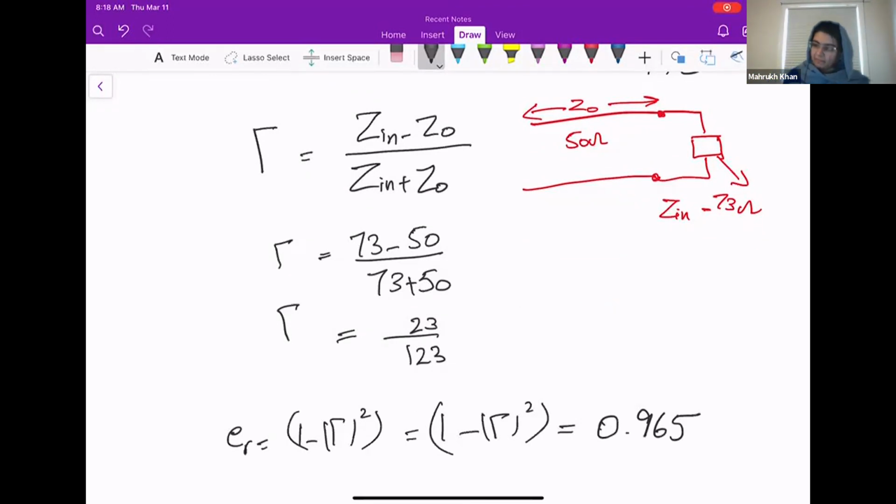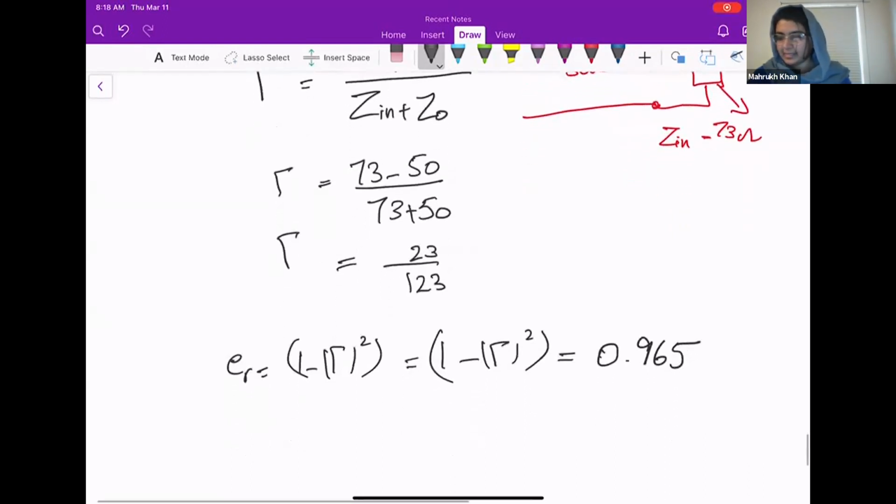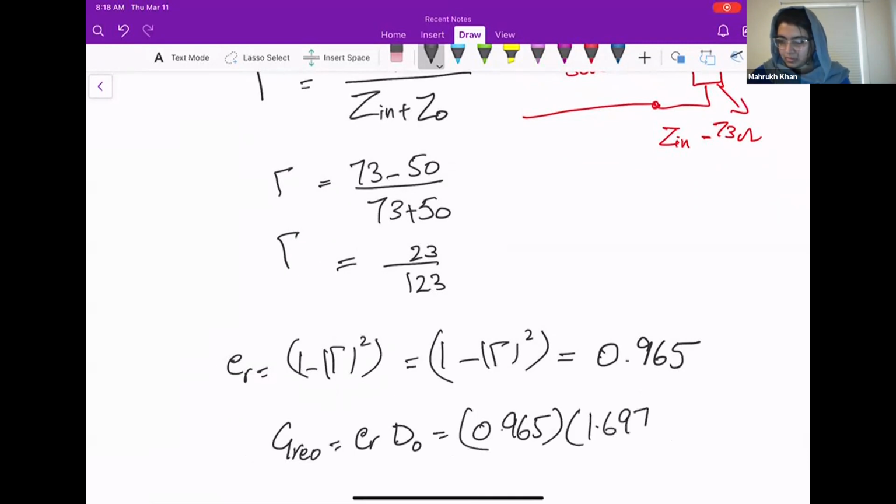So either you can find your maximum realized gain as this, that will become 1.6376.